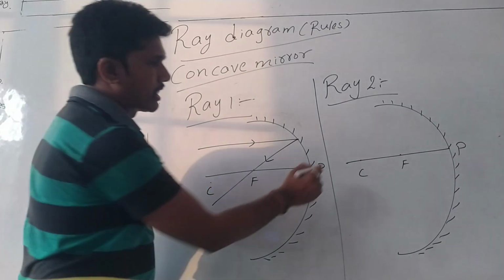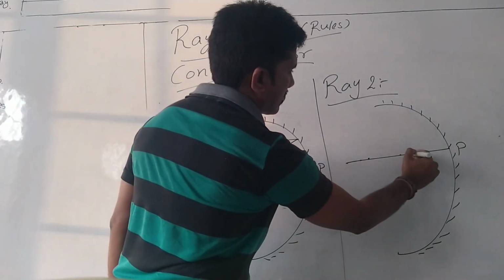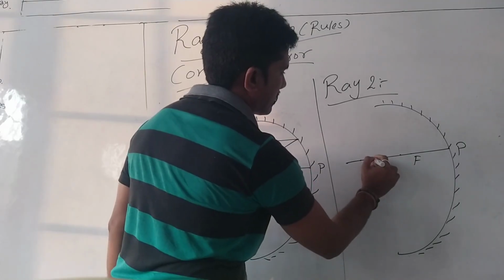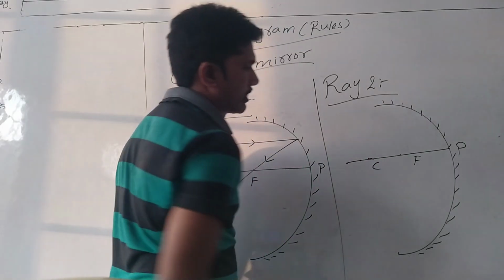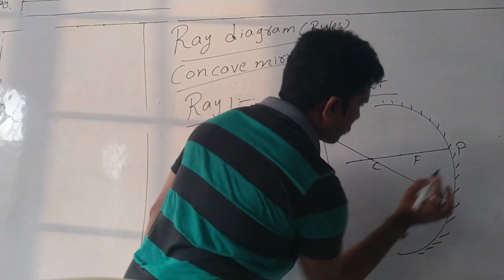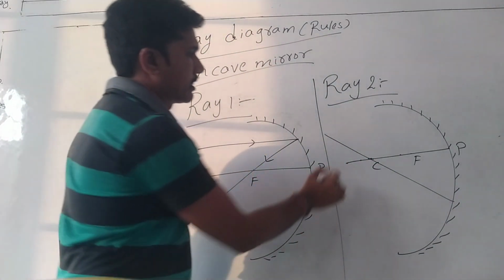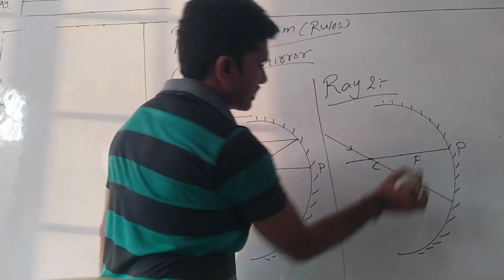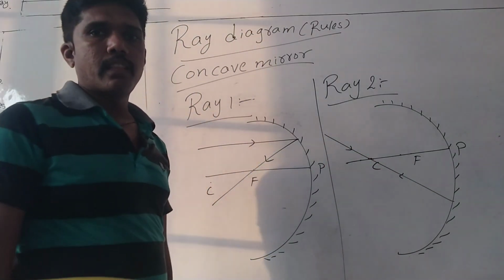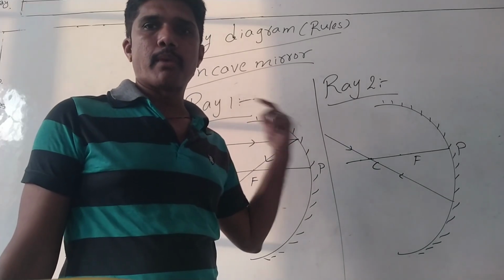When the ray is passing through the center of curvature, you can draw one straight line, taking a scale. This is incident, this is reflection. When the ray passes through the center of curvature, it retraces along the same path.